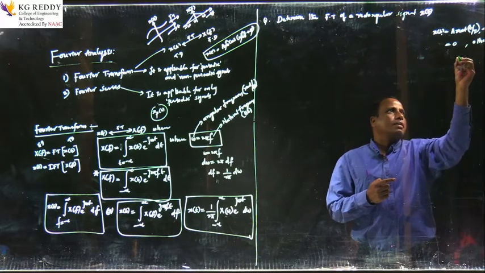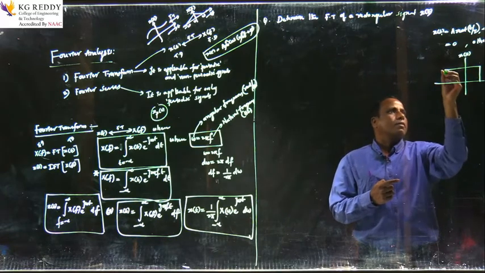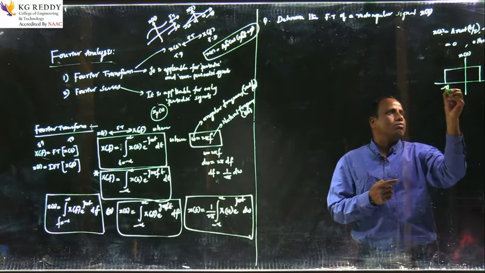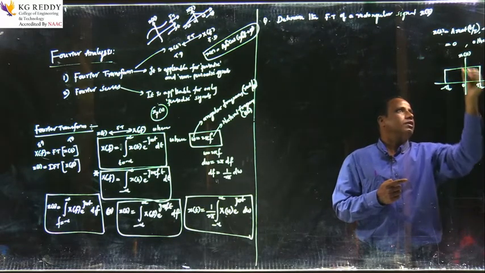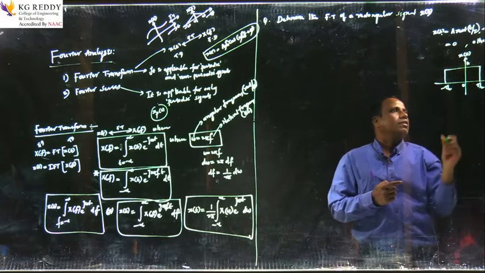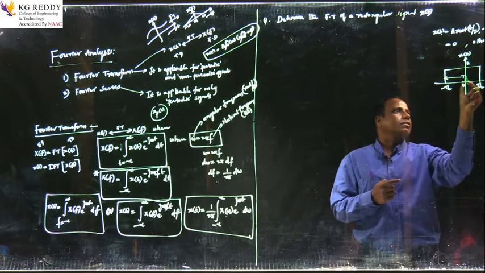How can the signal be represented? The rectangular signal can be represented like this: minus T by 2, 0, plus T by 2, and this is a. And you know this pulse width is T.